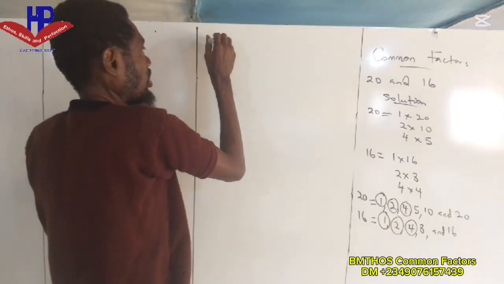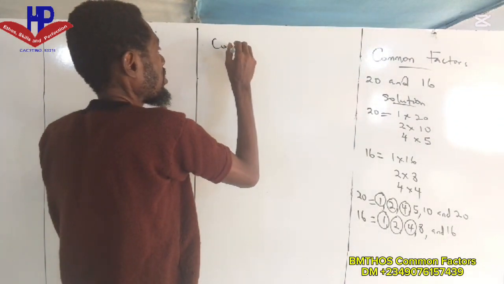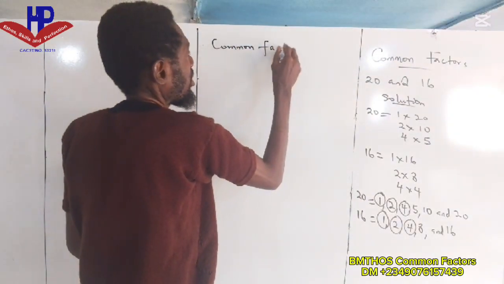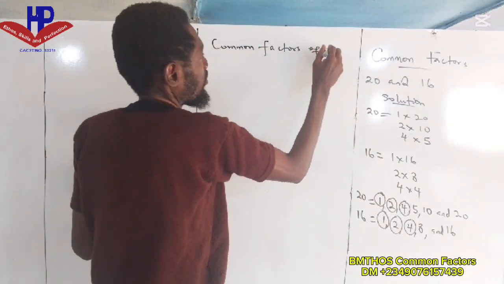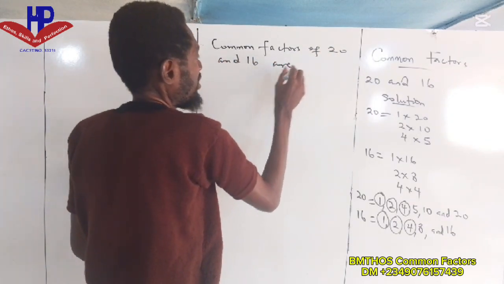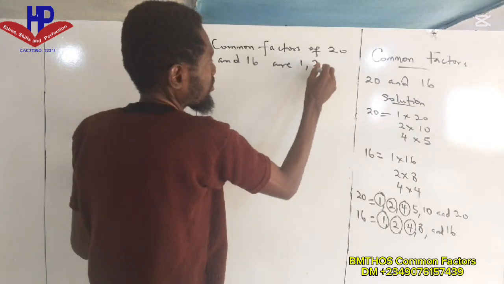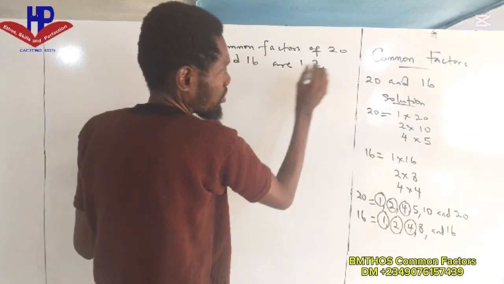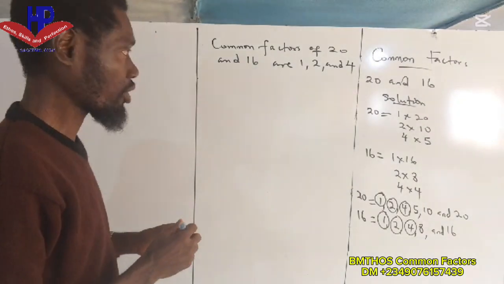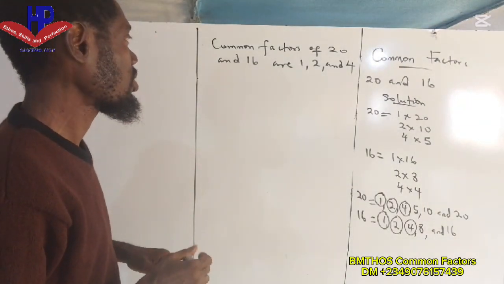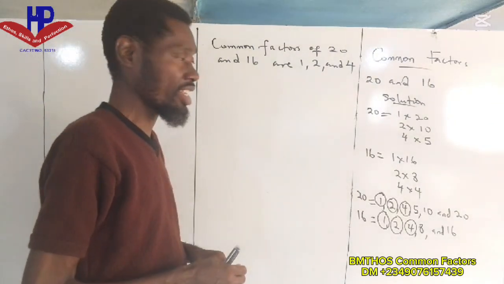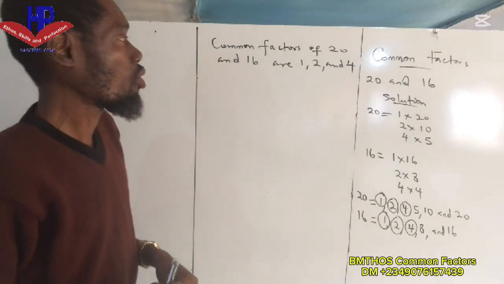So the common factors of 20 and 16 are 1, 2, and 4.